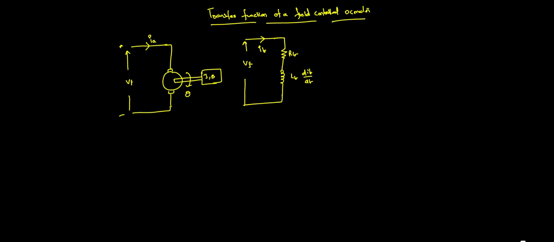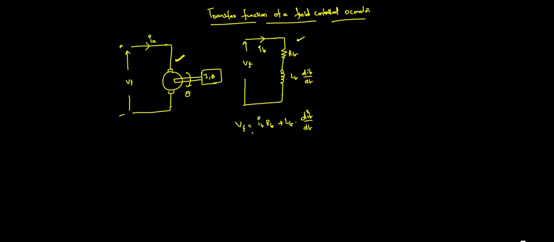This is the equivalent circuit for the field, which you already know from earlier. So you can write Vf is equal to If into Rf plus Lf into dIf by dt.